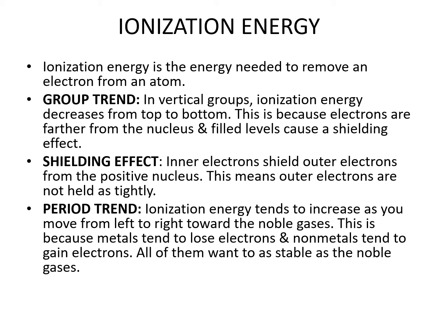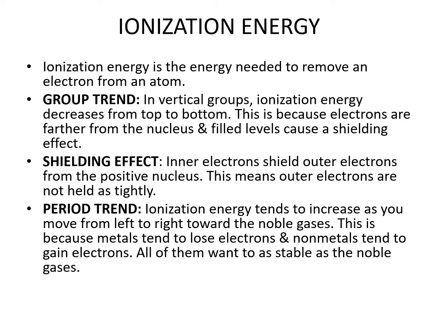Next, we will see what is ionization energy. Ionization energy or ionization potential is the energy needed to remove an electron from an atom. Group-wise, ionization energy decreases from top to bottom.